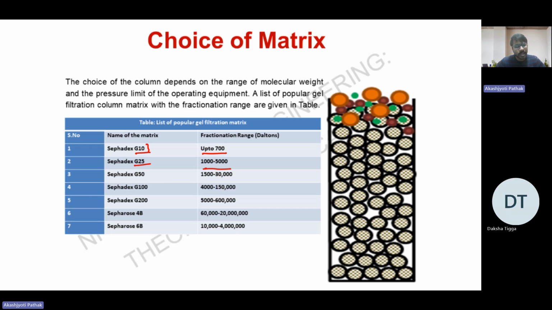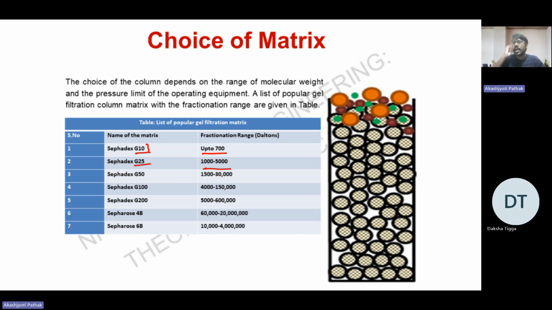So when you are selecting the column, when you want to do a size exclusion chromatography of your protein, then you have to consider various things, such as the molecular weight of your protein. Once you know the molecular weight of your protein, then you will go for the different columns that are available. And when you are selecting the columns, you have to look at the fractionation range of the column.